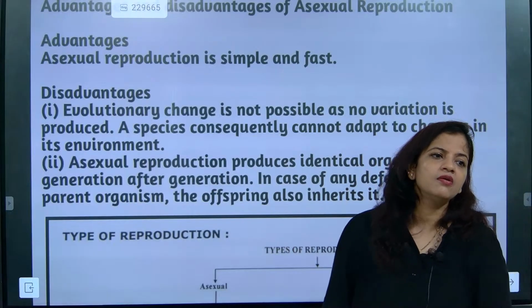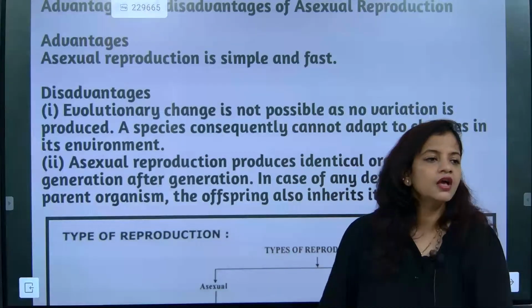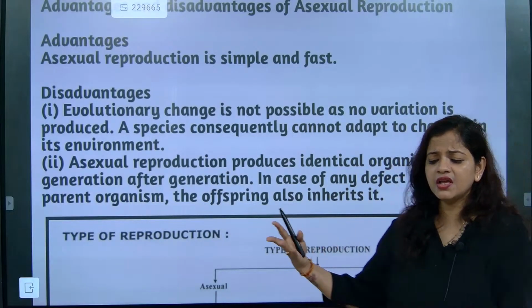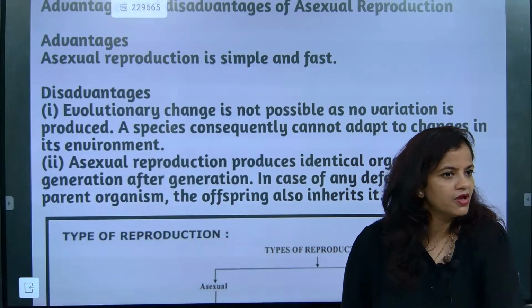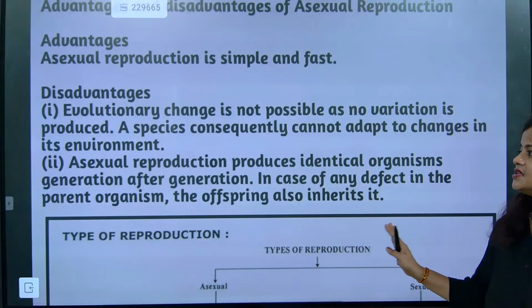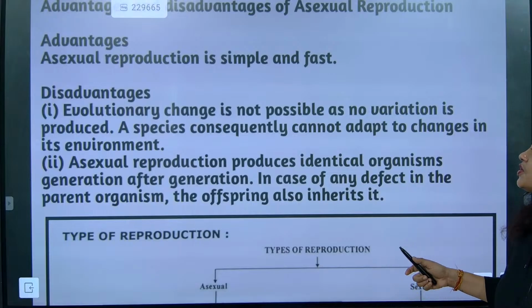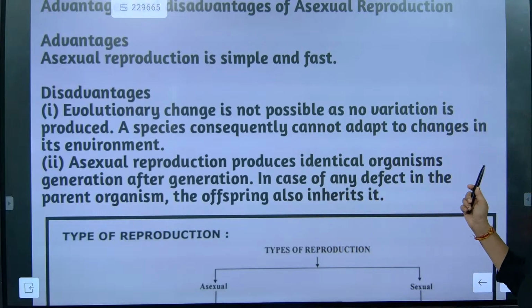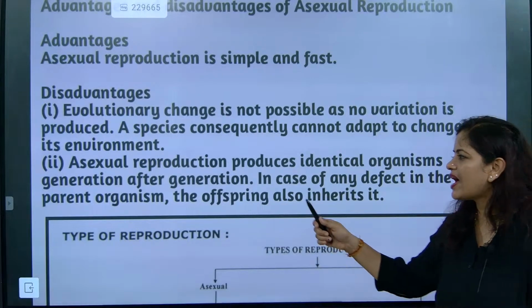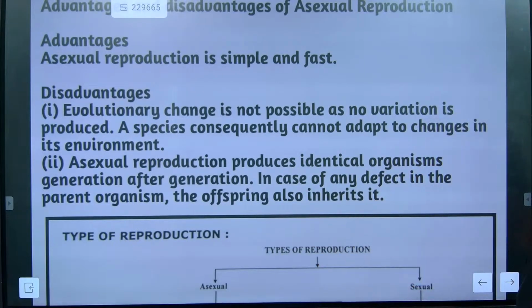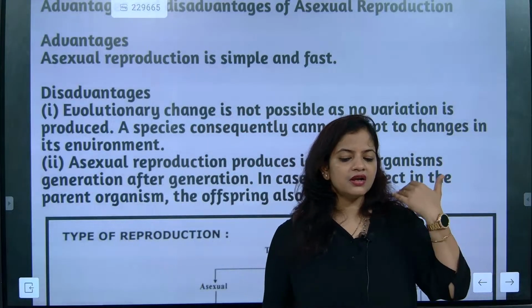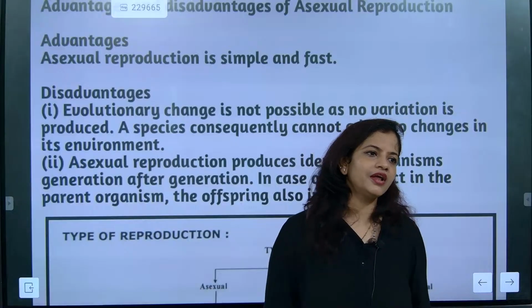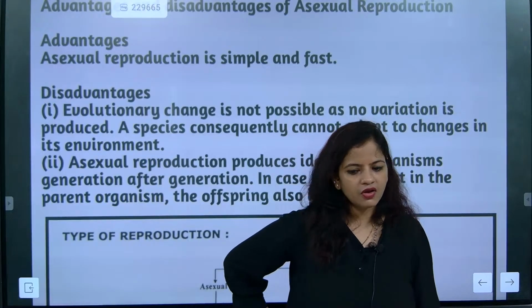Variations are very, very minimal. Because of some very critical factors only, we may see some variations in them. Is it clear or not? Yes. So asexual reproduction produces identical organisms generation after generation. In case of any defect in the parent organism, the offspring also inherit that. That's the most important thing. So one single defect present in one will keep on going in the bloodline of the others. Is it clear? Very good. Super.